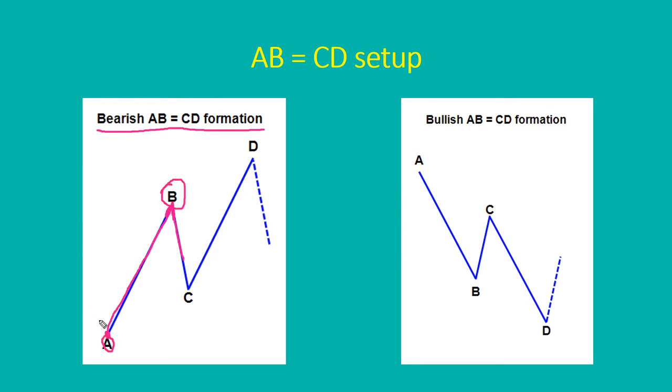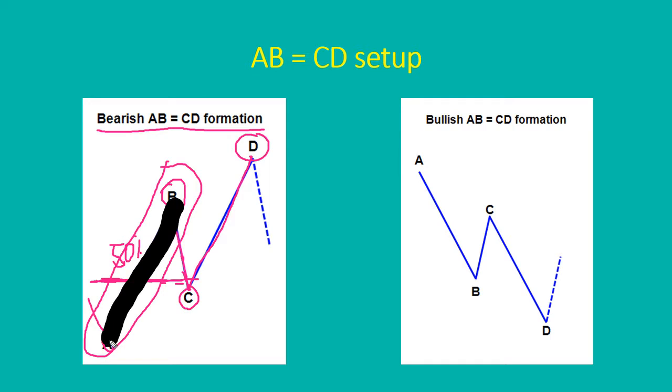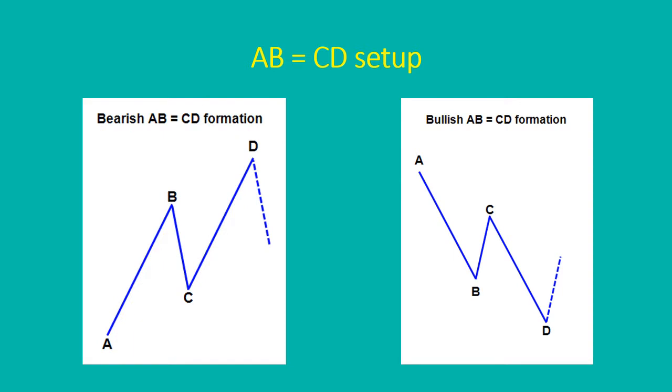So now you have swing point A, swing point B, and now you look for swing point C, which is somewhere between A and B, but below the 50% mark, 50% distance from A to B. Alright, so the C should be below the 50% mark. Then you want to see movement upwards from the C, and then you identify the point D. So this distance is the same as this one. And from the point D, you want to go short. Right here, you go short.